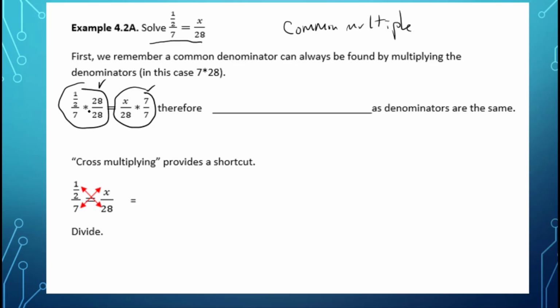Because it won't change the equality if I multiply both sides of the equation by 1. All I have to do now is just say 1/2 times 28 equals 7 times x. I can ignore the denominators because they're the same. So essentially I multiplied 28.